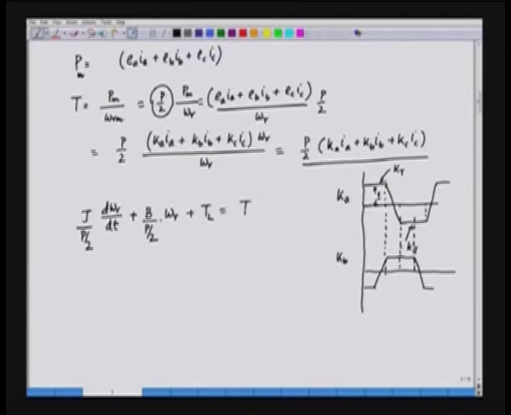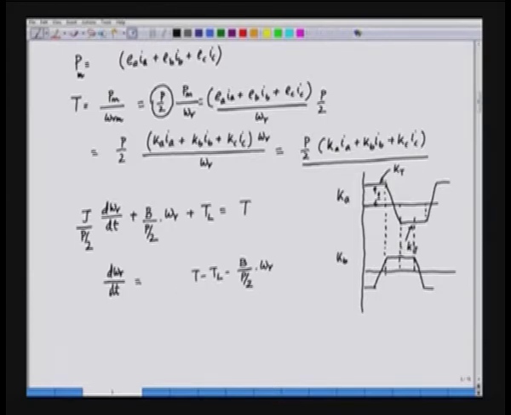The motor torque is T. So, from this we can get the expression for d omega r by dt. So, d omega r by dt can be obtained in the following fashion, is equal to T minus TL minus B by P by 2 into omega r.